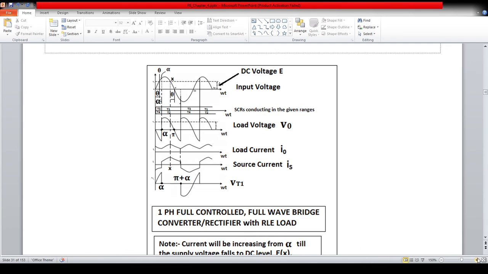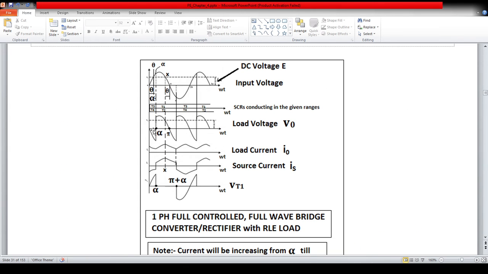See here, alpha is lesser than 90 degrees here. So positive portion is more than negative portion. As you increase alpha, positive portion will become lesser, negative portion will increase. So average output voltage will now become less positive.